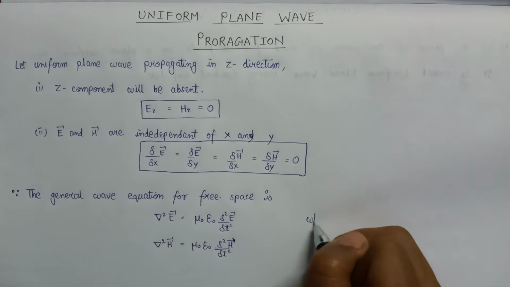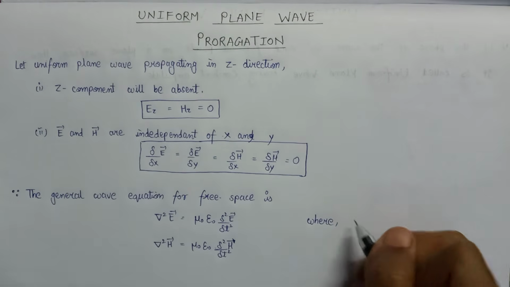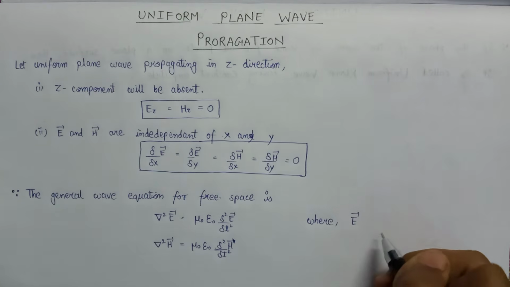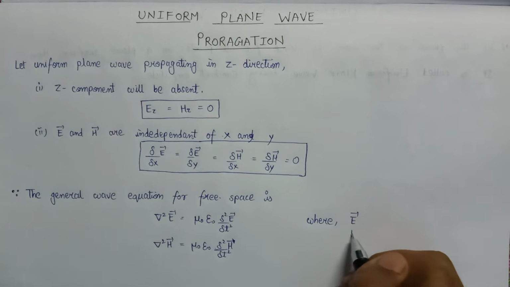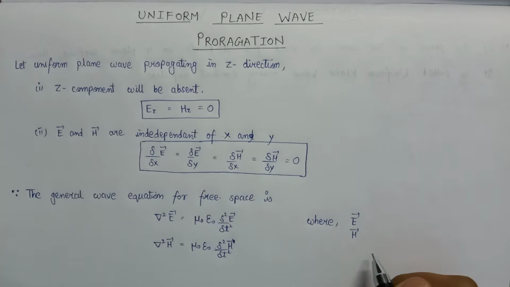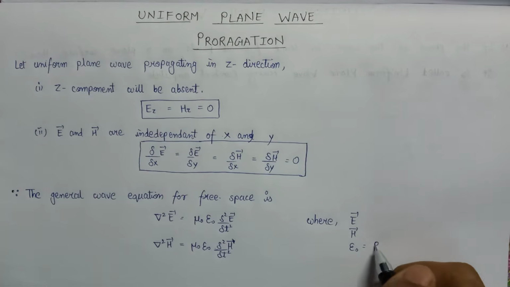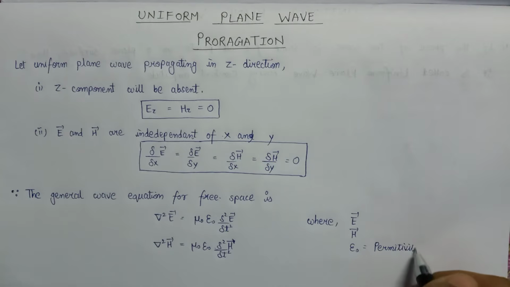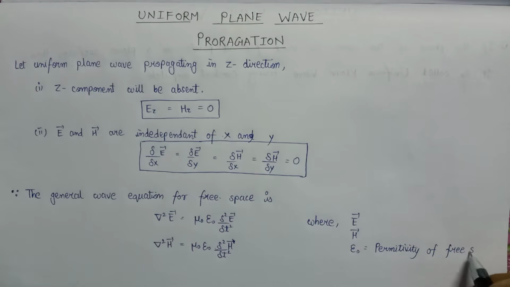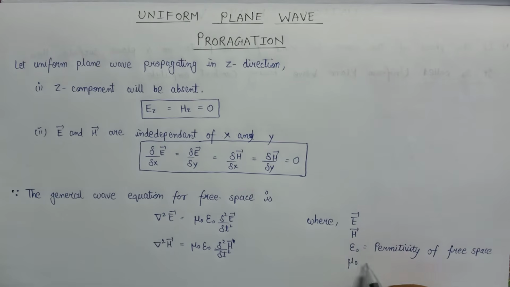Here E is nothing but electric field intensity, H is magnetic field intensity, epsilon 0 is permittivity of free space, and mu 0 is permeability of free space.